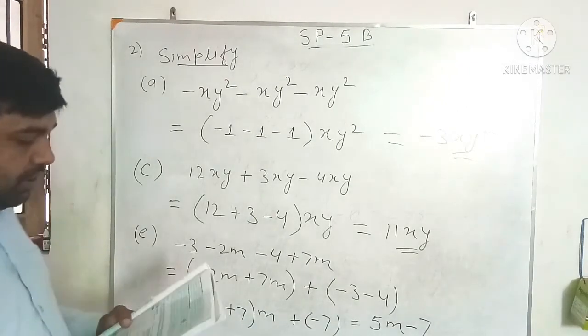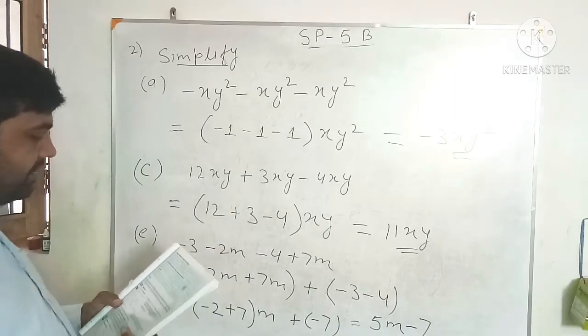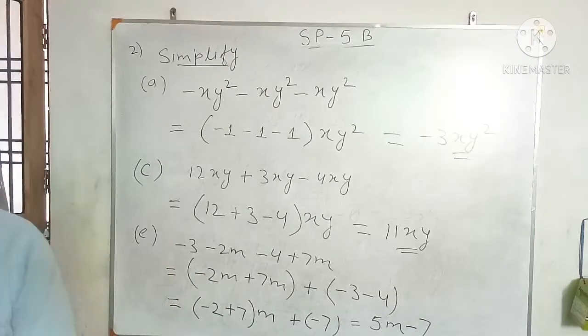Question number 3 is arrange in column, vertical form and add. So first we arrange in the vertical form, and after that we will do the addition.